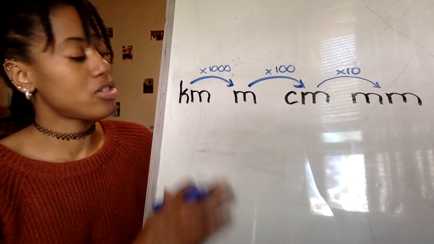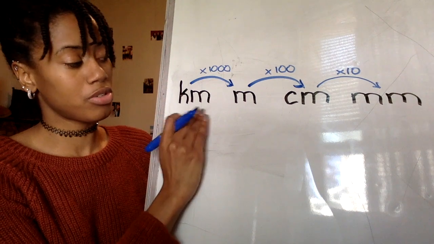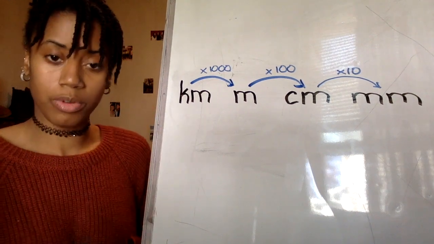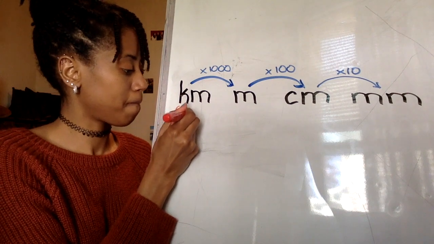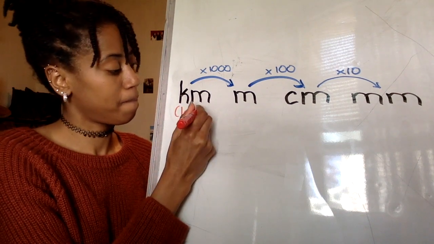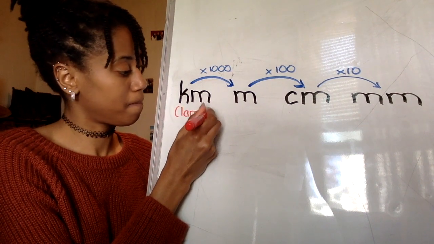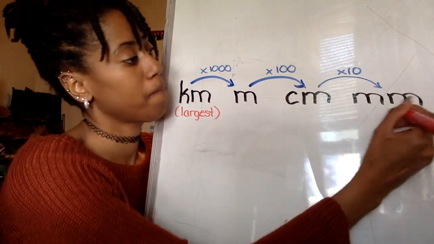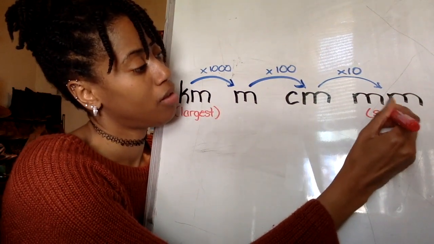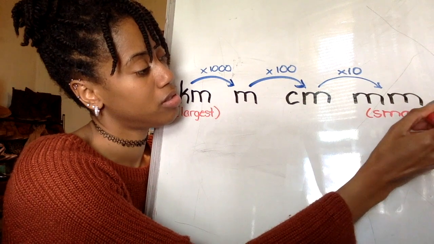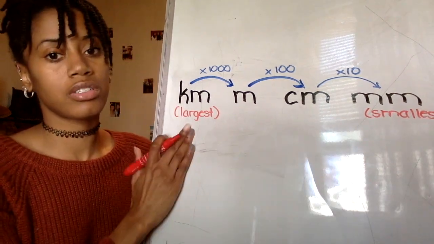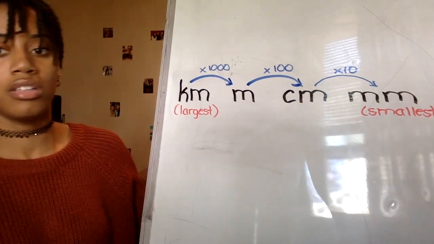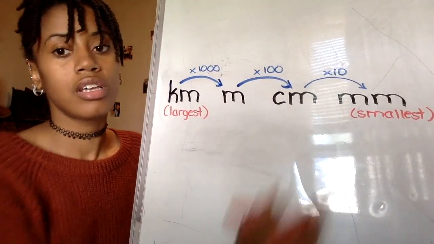When you're going from the larger unit, I will label that for us. Amongst these four, this is the largest and this is the smallest.